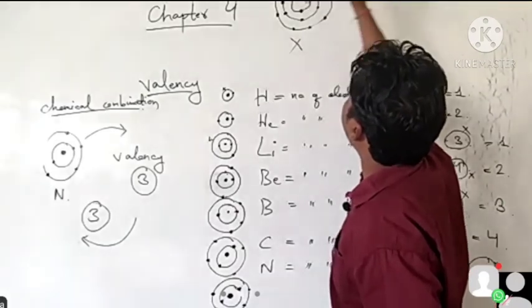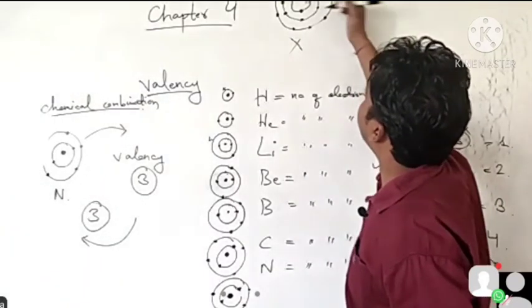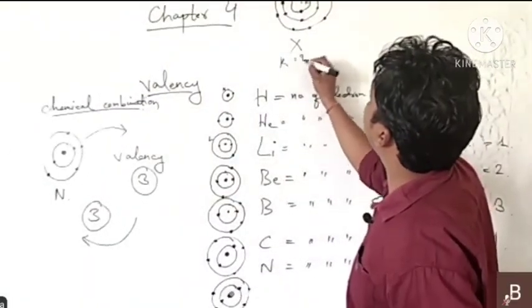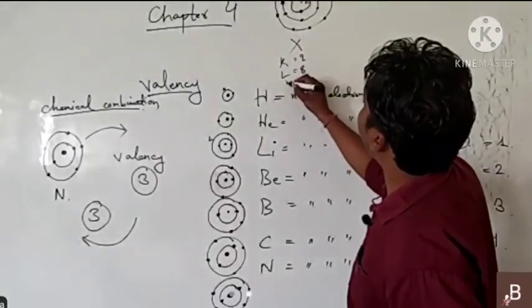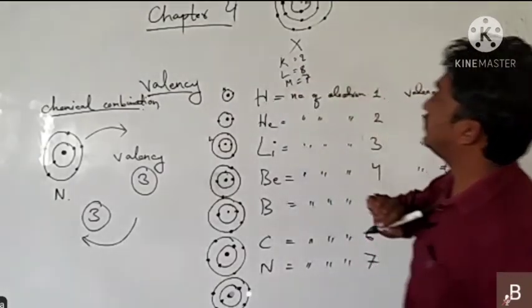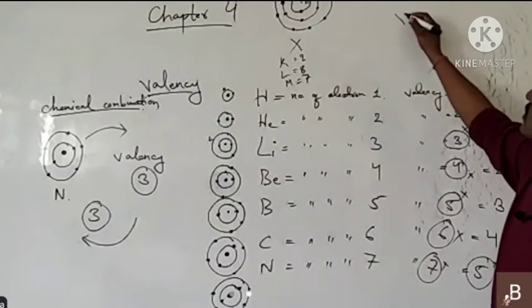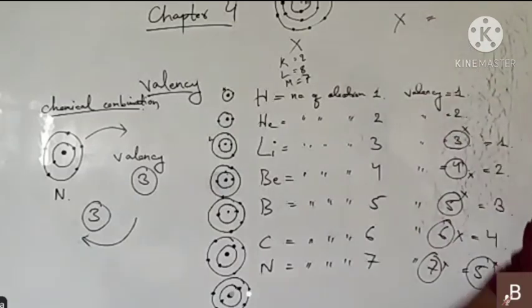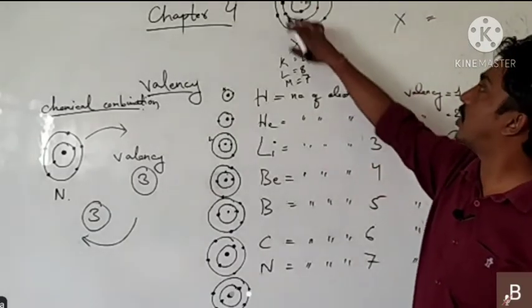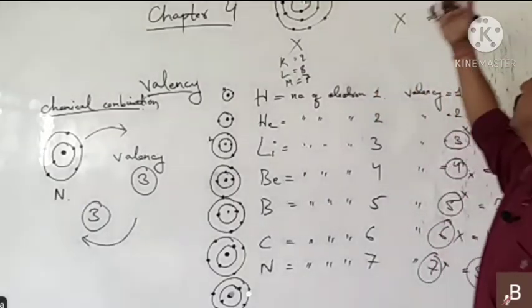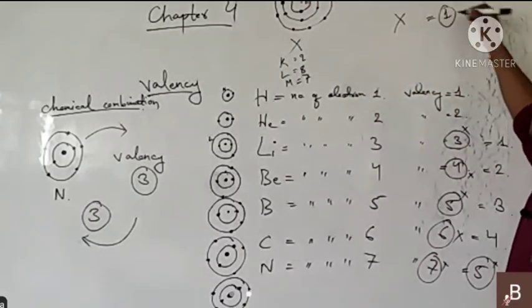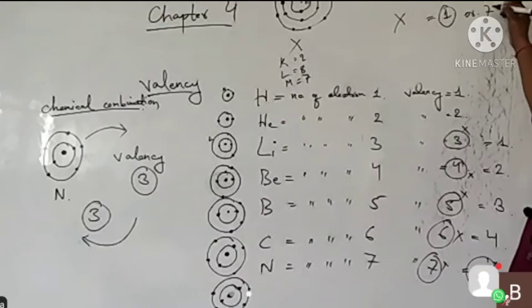So in the M cell we have 7. So in the K cell we have 2, L 8 and M 7. So what will be the valency of X? Will it be 7 because the outermost cell contains 7, or will it be 1? So the valency will be 1.